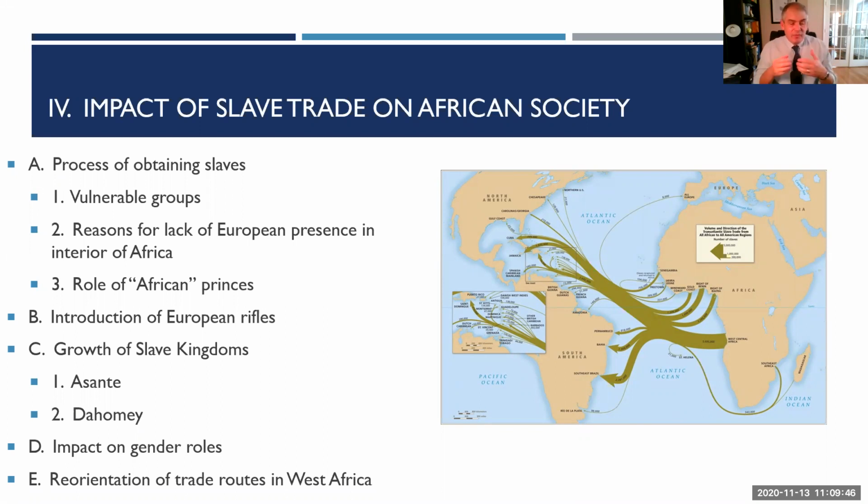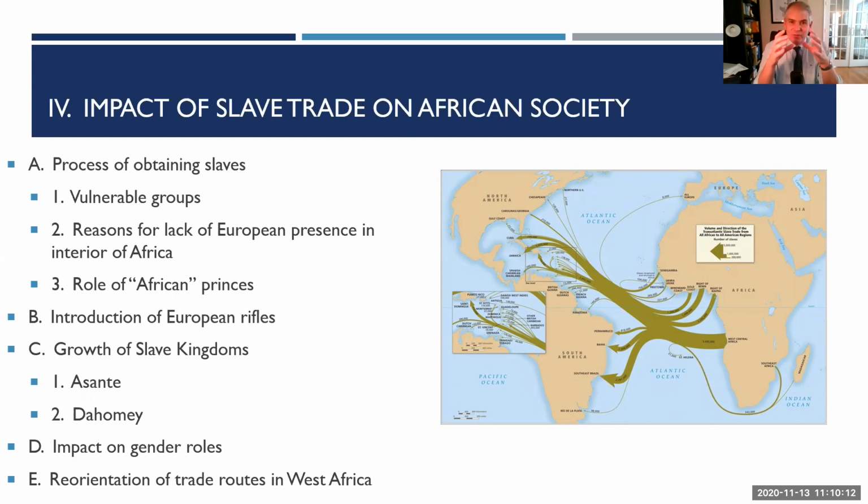So if you think about it, if you're an African prince, acquiring European muskets gives you an advantage in tribal warfare. And I just want to bring a point about letter B, is that when these European weapons are introduced, this is going to start to destabilize the system. It's going to destabilize the region.